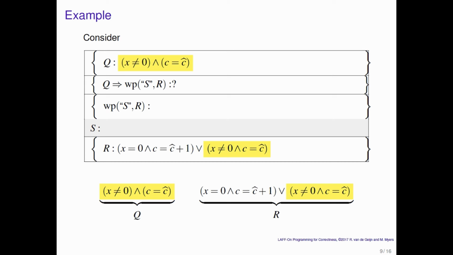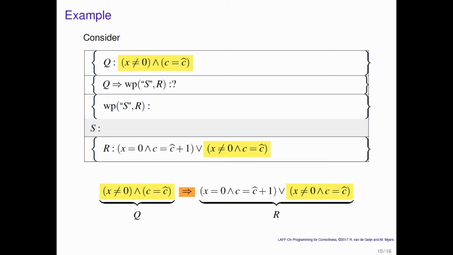Well, we notice that we have a precondition. And we notice that we have a post condition. And by now you are very familiar with weakening strengthening, and hopefully you immediately recognize that the precondition Q implies the post condition R by one of the weakening strengthening laws.